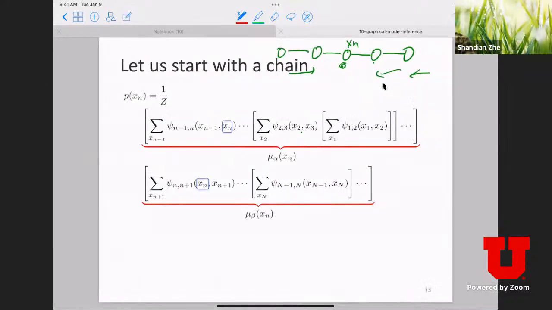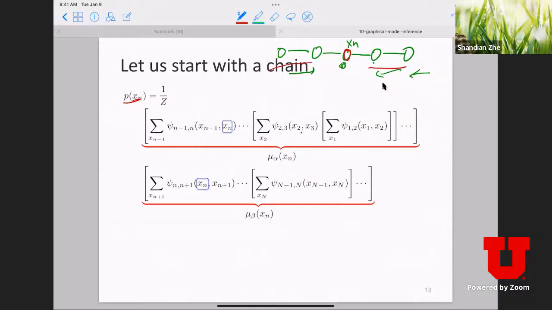Okay. So in general, if you want to compute the marginal distribution of a node in between, xn, we know that you're going to marginalize over all the variables on the left of xn and all the variables on the right of xn.